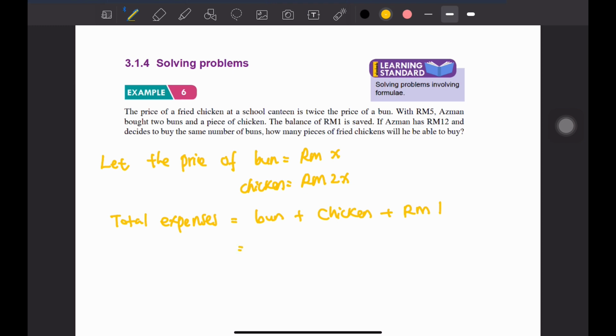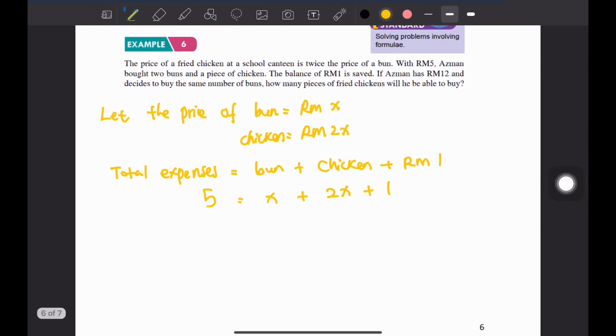So total expenses kita tadi, dia ada RM5, right? So the total is 5. Bun is x, chicken is 2x, and RM1. Over here we try to make x as our subject. So you can write it on the left.